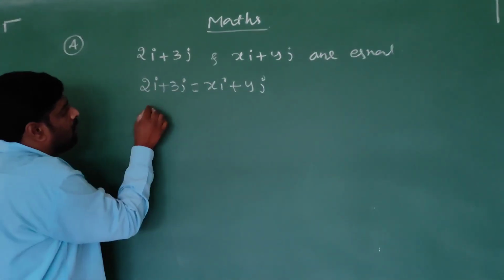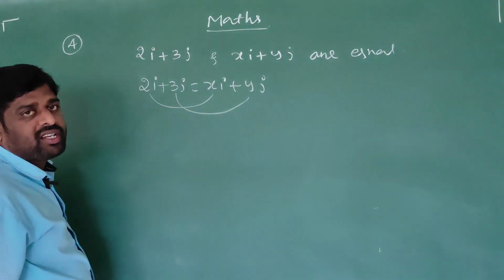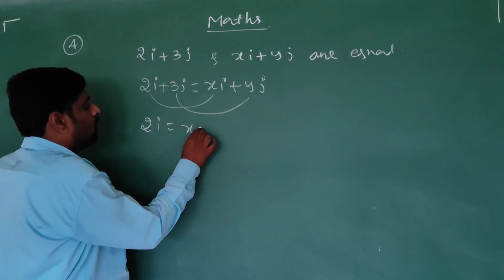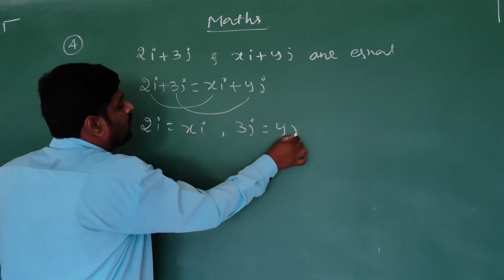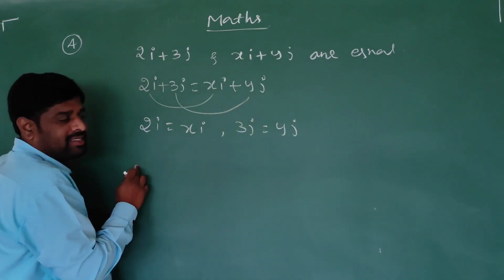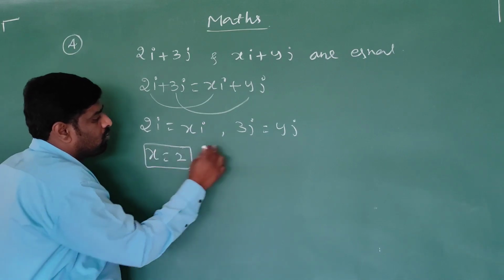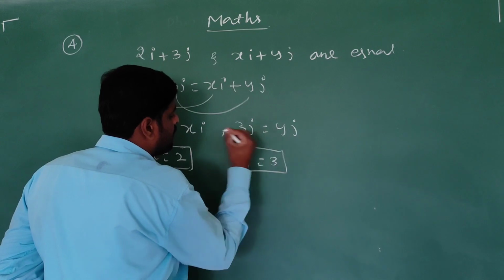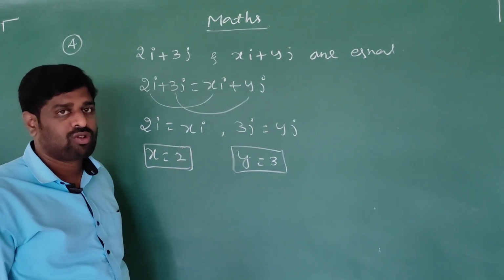Equating the i components and j components: 2i is equal to xi, 3j is equal to yj. The i gets cancelled, x is equal to 2, the j gets cancelled, y is equal to 3. So this is the solution for the fourth question.